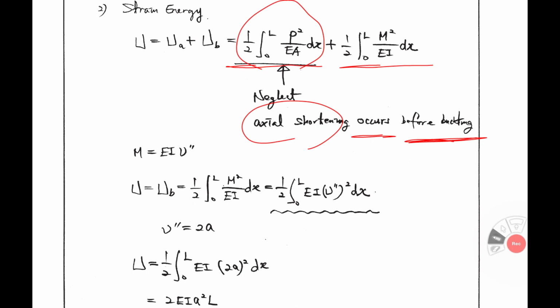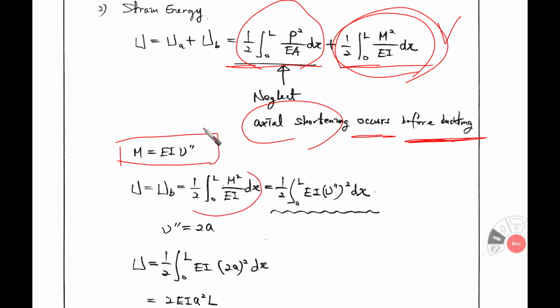We only consider this term because it is related to buckling. Moment is EI times curvature, right? If you put this into this equation, M equals EI v double prime. So the resulting equation is 1 over 2 integral 0 to L of EI times curvature squared dx.